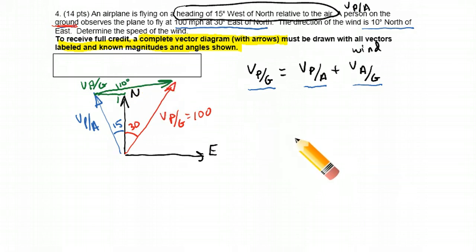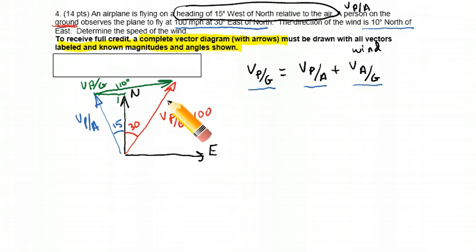Sorry, I'm getting a little small. I should have given myself some more room. So let's go back and review to make sure we've used everything. We've got the heading of the plane with respect to the air, our blue vector. We've got the ground information, our red vector. We know both magnitude and angle of that.